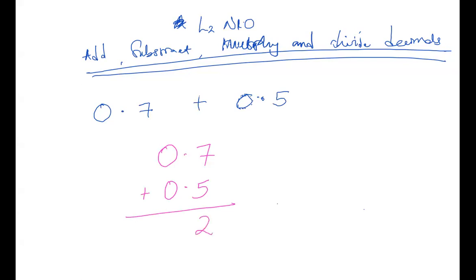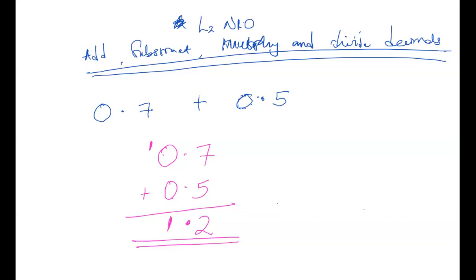Then you keep your 1, you put the decimal there. 0 plus 0 plus the 1 you kept is going to be 1. That's 1.2. So it's very straightforward. It's just similar to the ones you are familiar with.